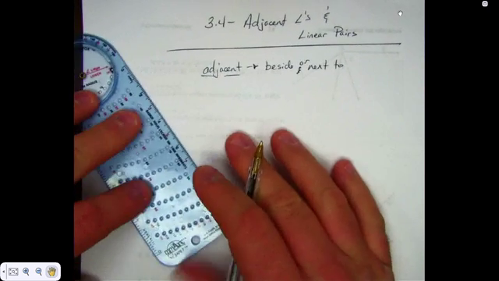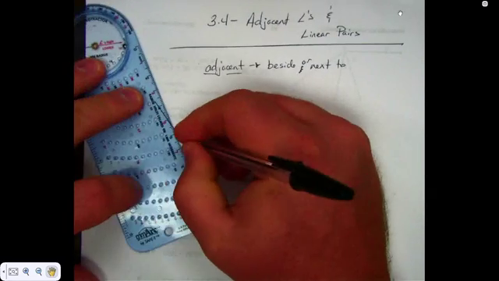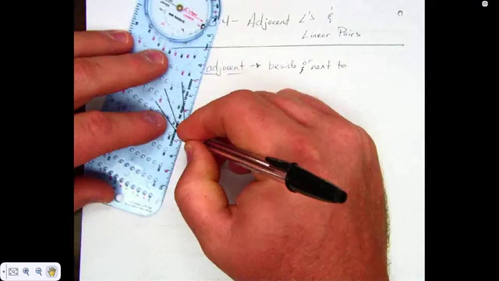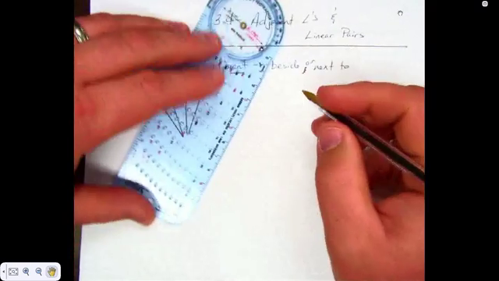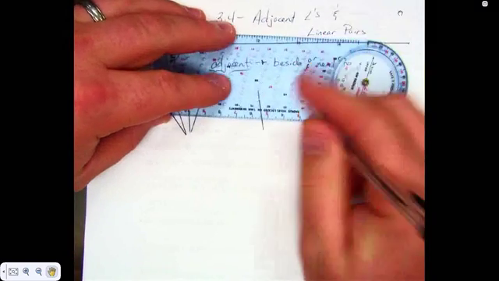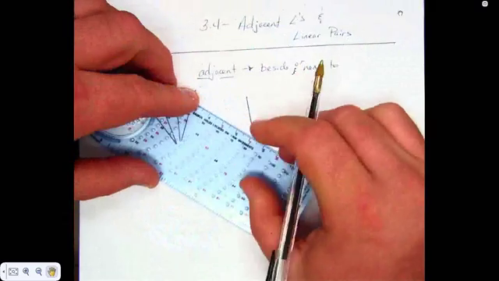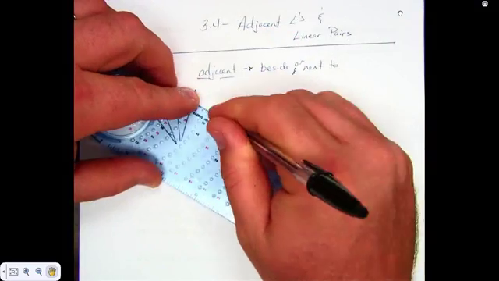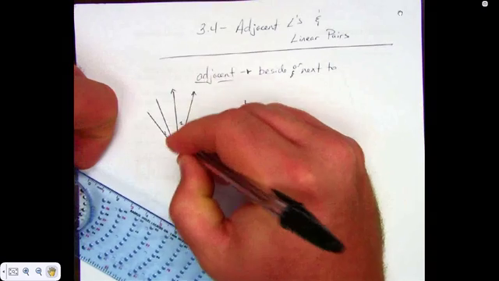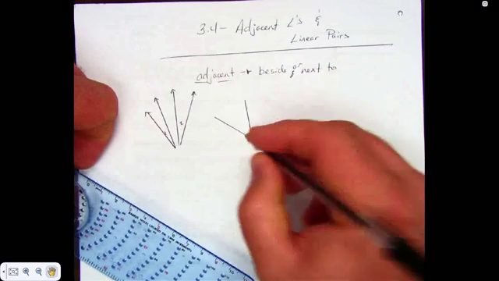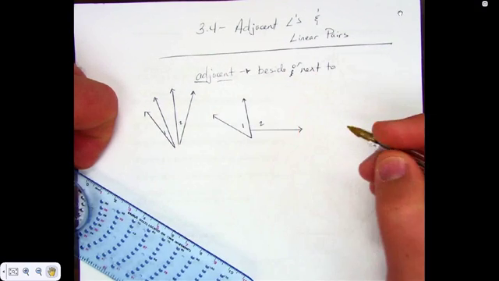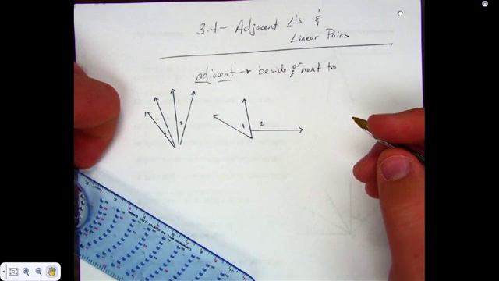Well, I am going to draw three types of angles here that seem to be beside each other. I'm going to label each of the two angles, angle 1 and angle 2. I don't want you too worried about drawing this as much as paying attention.